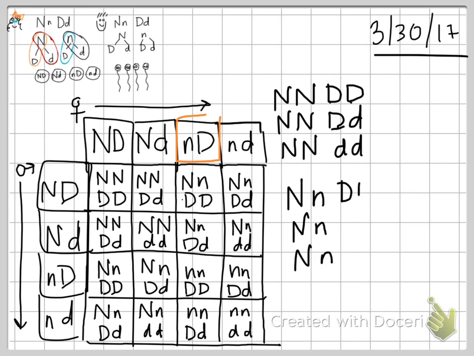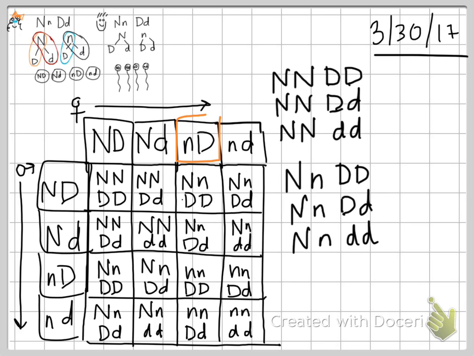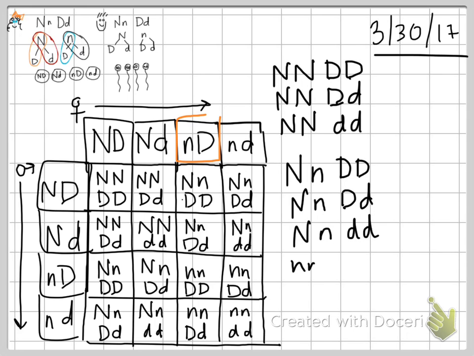And they could be homozygous dominant for tooth size, or heterozygous, or they could be homozygous recessive. Can you guess how many more we have? 3! Yeah, because we could also have individuals who are homozygous recessive.